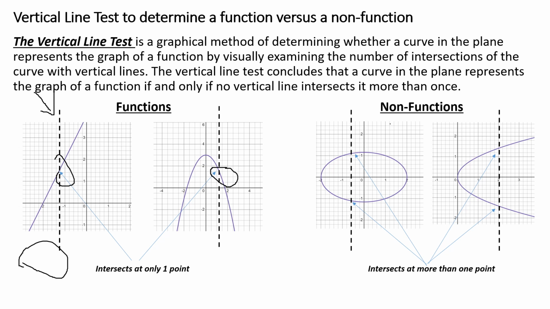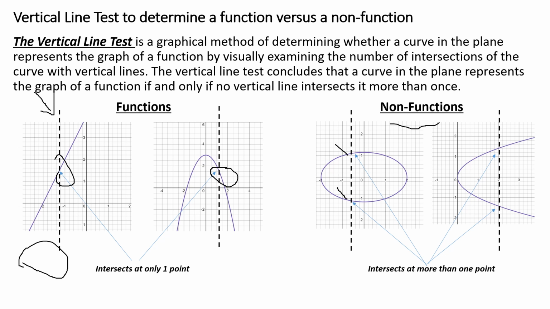Now, a non-function right here is looking at this oval in the first one. The vertical line test crosses both here as well as here. And if I have the vertical line moving left to right anywhere, I'm going to have that same issue. I got this sideways parabola, which is basically x equals y squared.